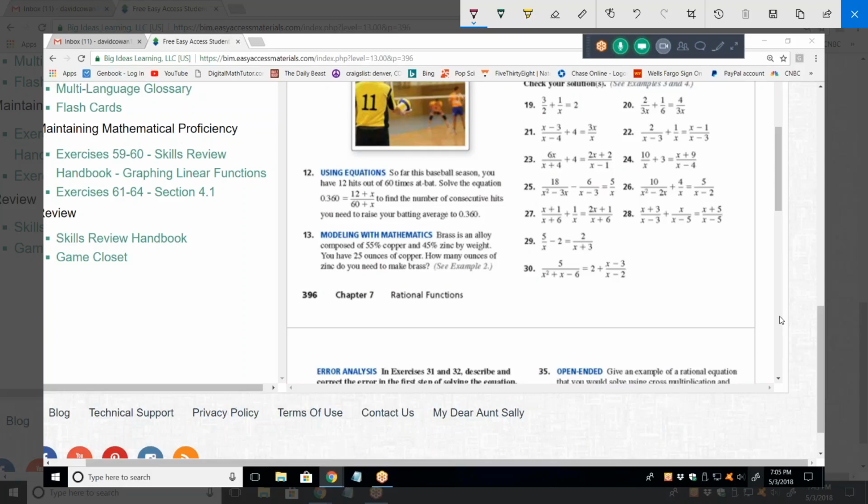The question is, did I make a math error? I'm not sure. No, I don't think I did. I think that there are some equations that are not going to have a solution. And 3 is not a solution.